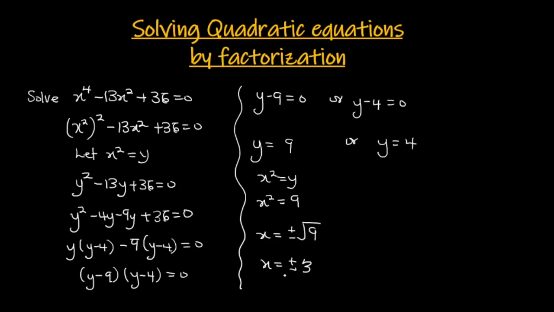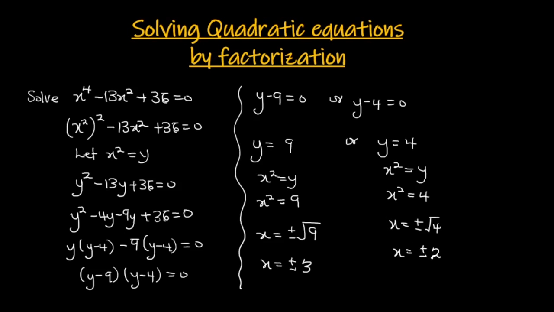Alright, so this is our answer for the first option. The second one is, we are still going to write x squared is equal to y, then x squared is equal to 4. Okay, so from here, we take the root of both sides. So we are going to have x is equal to plus or minus the root of 4, and that will give us x is equal to plus or minus 2.